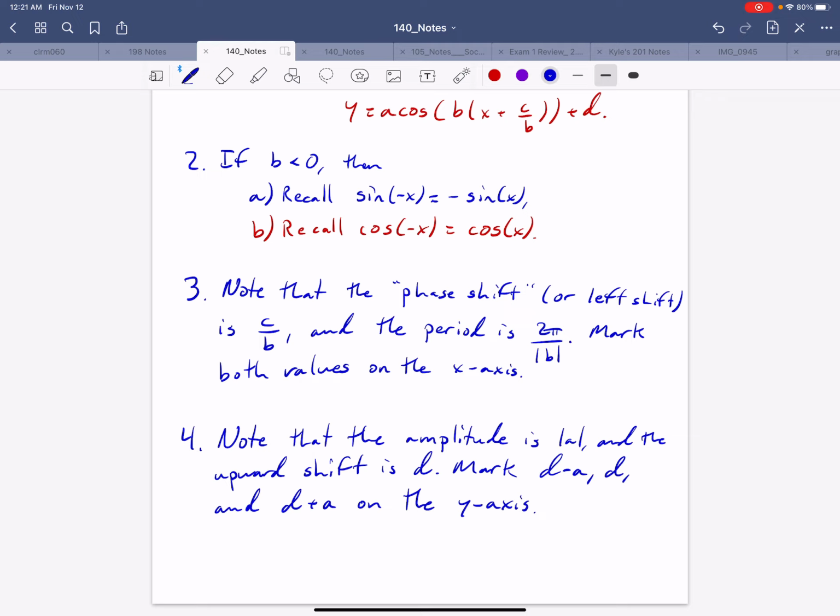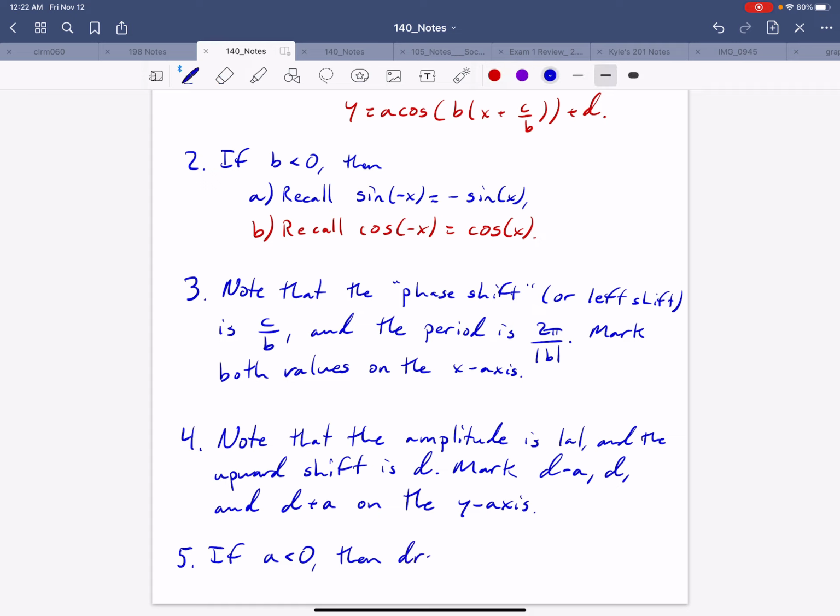And then the only other thing I'd say at this point is step 5, which is that if a is negative, then flip your graph over the x-axis. Or maybe that's even a little too complicated.